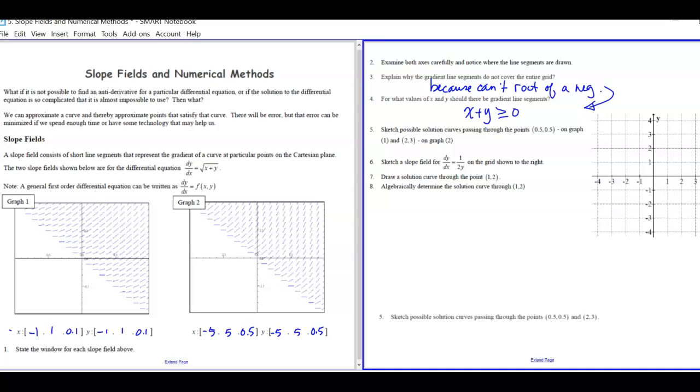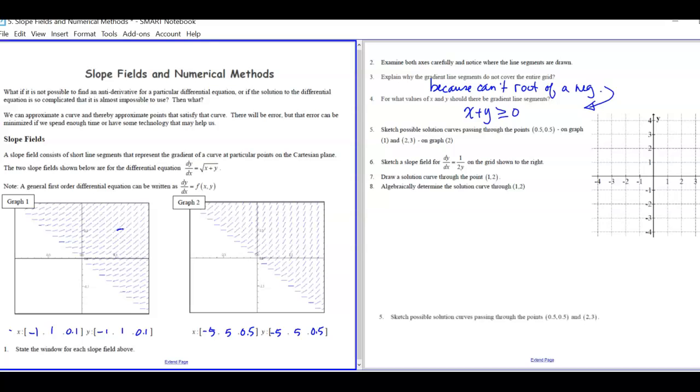Okay. So then it says sketch possible solution curves passing through the point (0.5, 0.5) on the first graph. So we know (0.5, 0.5) is about here, so your slope is going to be exactly that line segment.